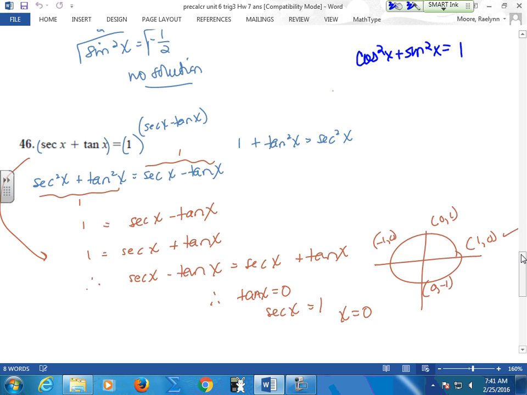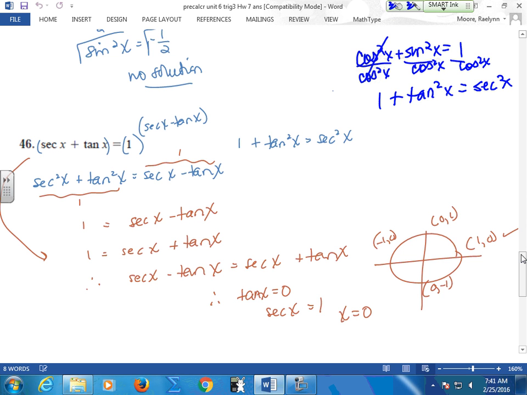Divide by what? If I divide by sine, I get a cotangent. So what am I going to have to divide by? Cosine. I want a tangent. So tangent is sine over cosine. So I get 1 plus tangent squared equals secant squared.